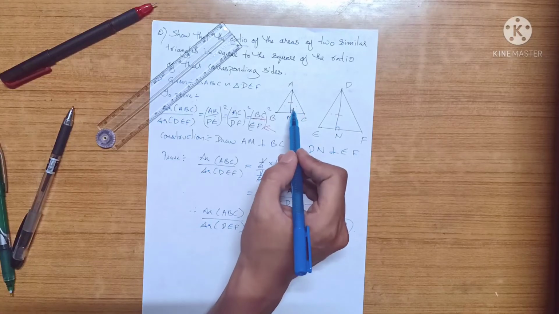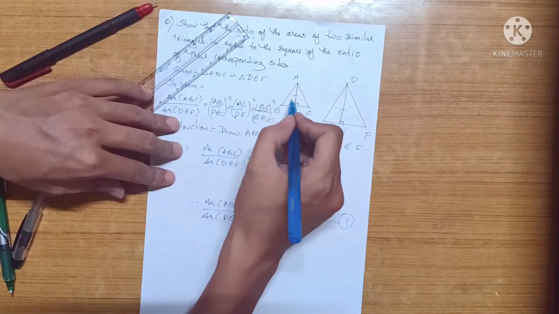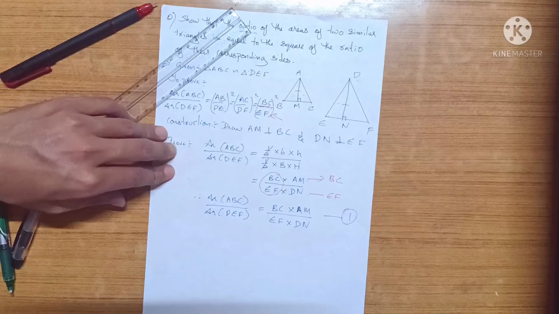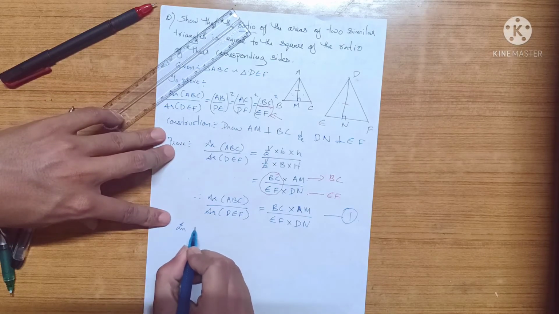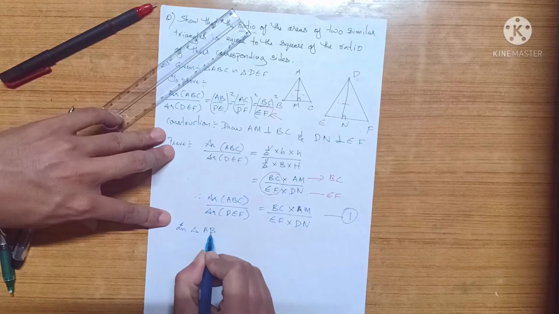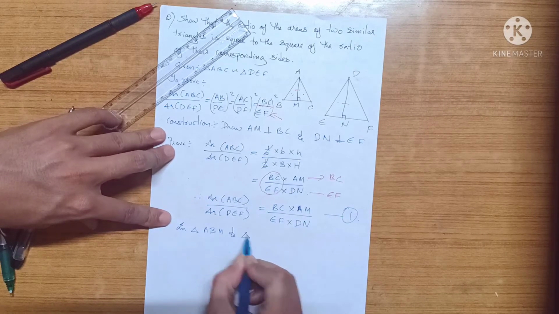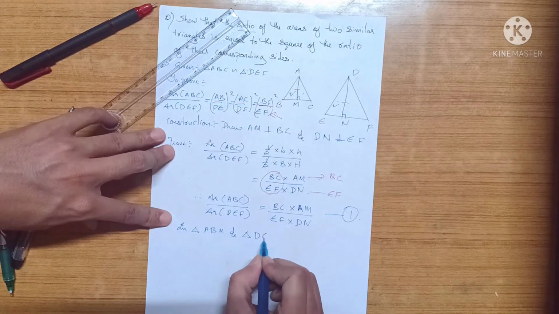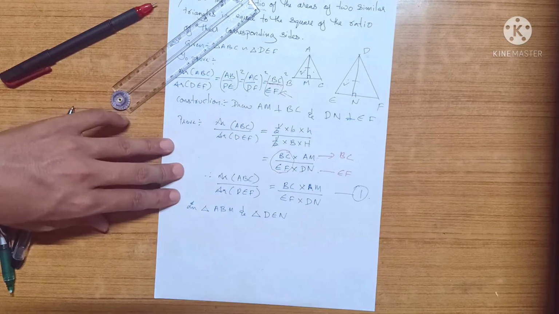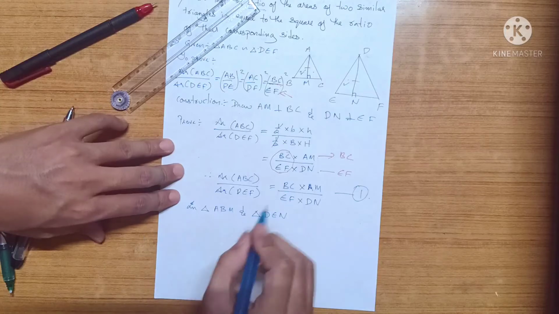Even if you take this, you're correct. Even if you take this, you're correct. I'll just take this for a moment, since that's the first nearest triangle. So in triangle ABM and triangle DEN, I think we have already done something similar in the previous exercise.